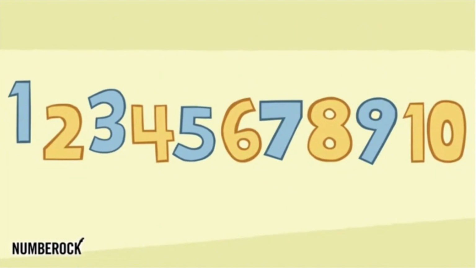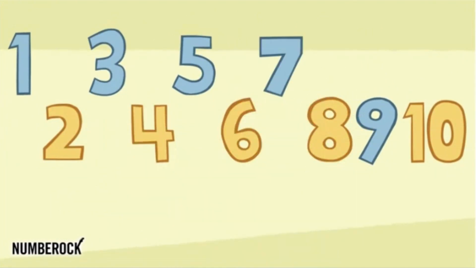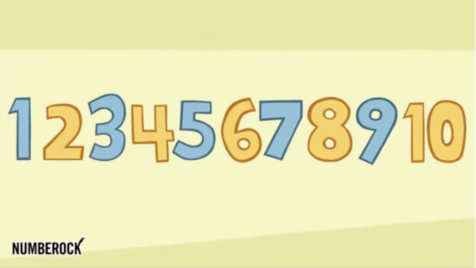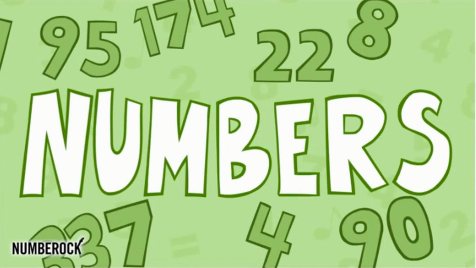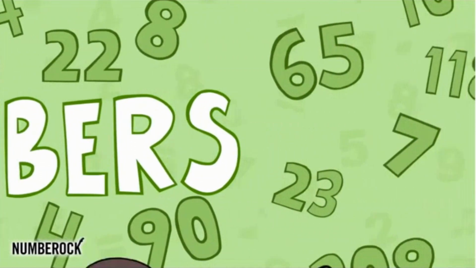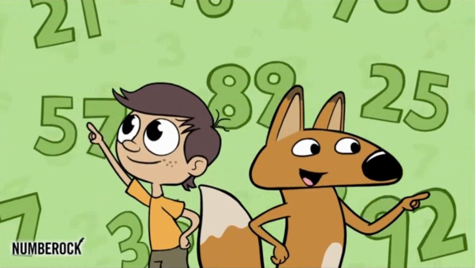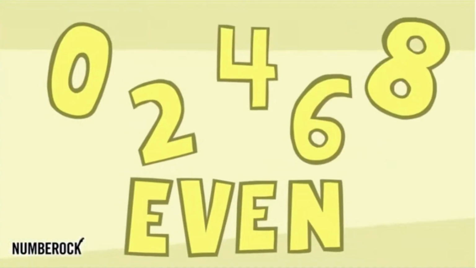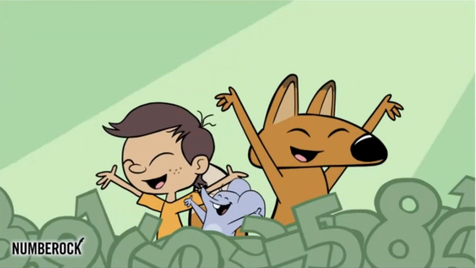Between 1 and 10, there are 5 of them. Now I'll count the odd numbers again. 1, 3, 5, 7, and 9. They're every other number on the number line. Numbers big and small, today we're gonna count them all. Some are even, some are odd. Won't you join our counting squad?